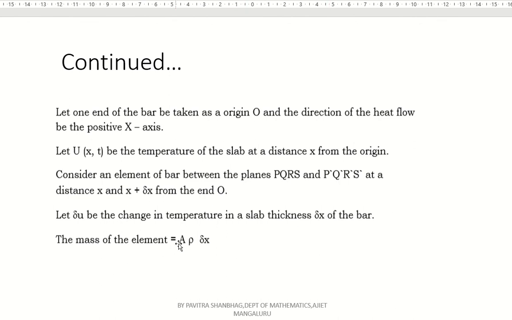The mass of the element is what? A rho delta x, right? Because density means mass by volume. So what is the volume here? A delta x, where rho represents density and A delta x represents volume. So the mass of the element is A rho delta x.